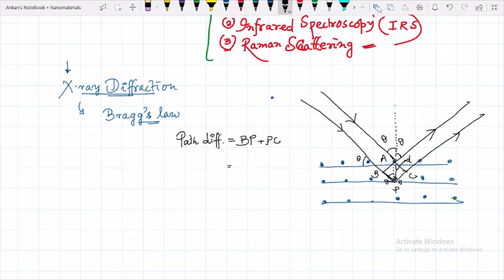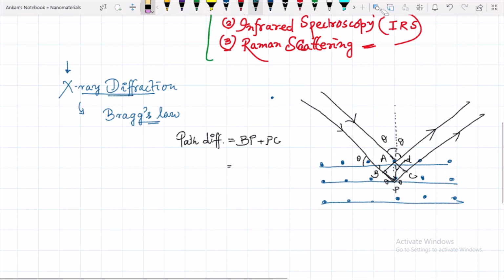Theta means this is theta, theta means this is theta, and this is 90 degrees.